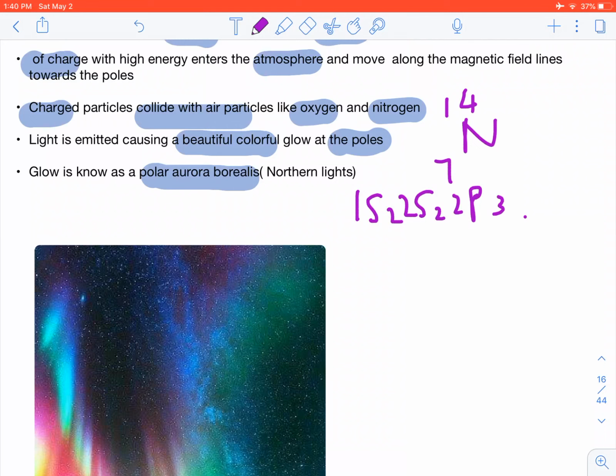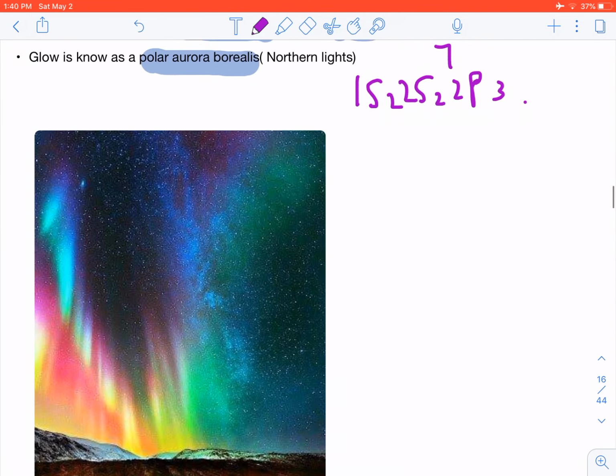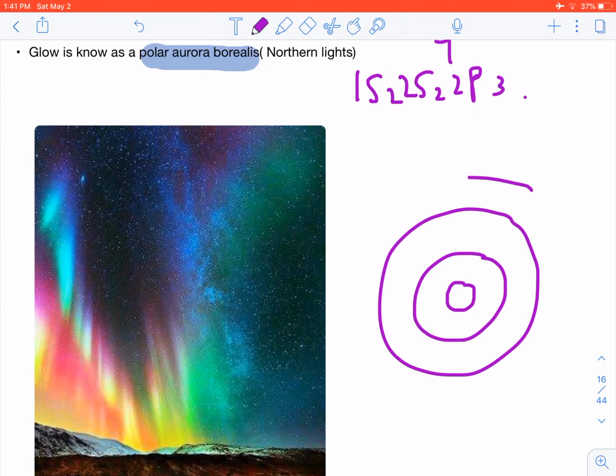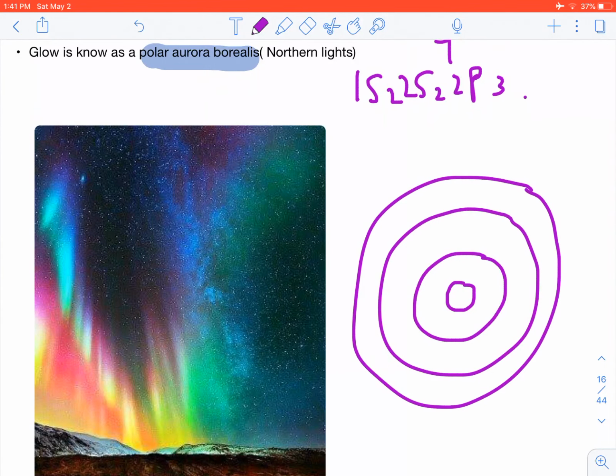Using our shell model, that's our nucleus, then we have one shell, two shells, with 2 electrons in the first shell and 5 electrons in the second.